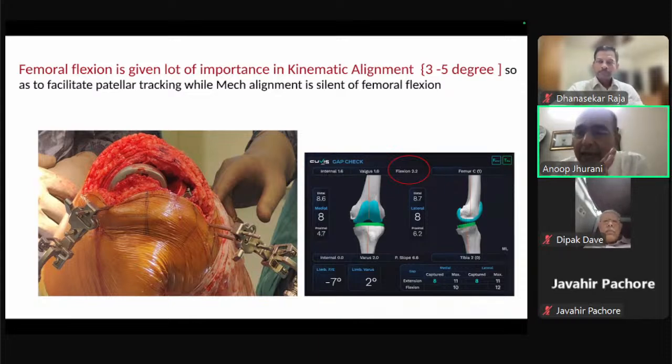While in mechanical alignment concept, you can give up to 7-8 degrees flexion, not know about it, not think about it, and not feel the implications of giving increased flexion, which is very easy with conventional jigs and instruments, and that causes proximalization of the trochlea and patellofemoral impingement issues. So it's very important to look at the flexion of the femoral component.